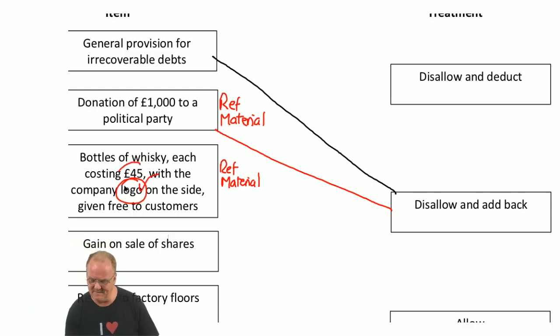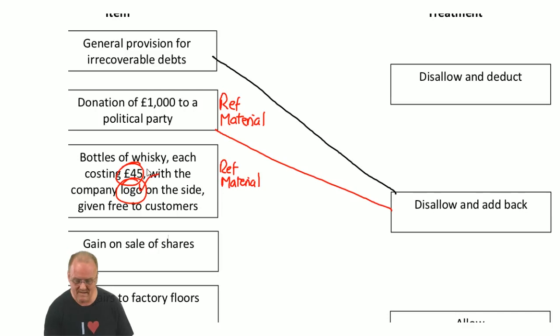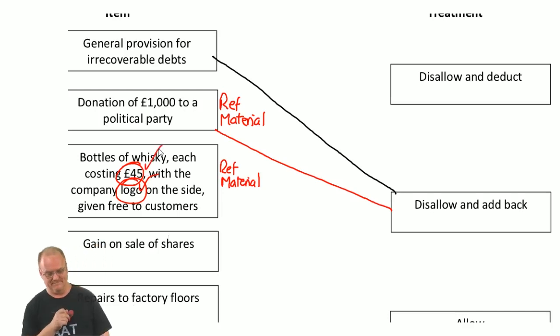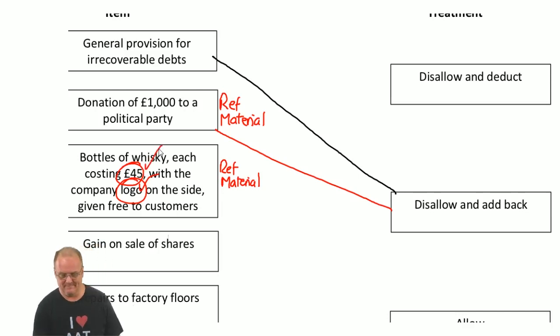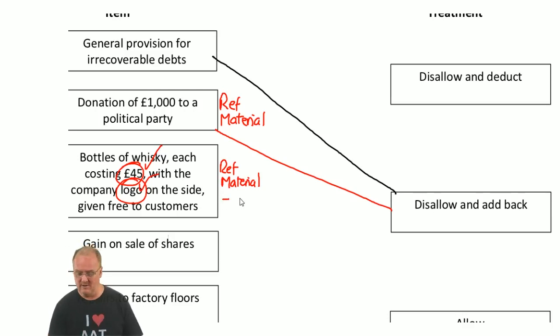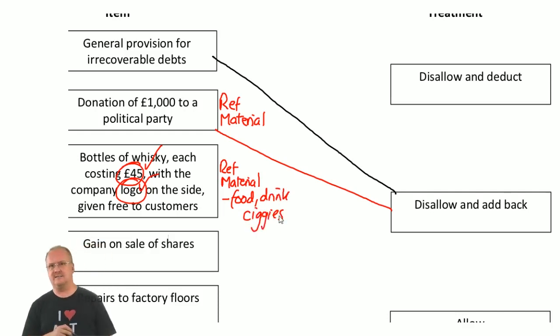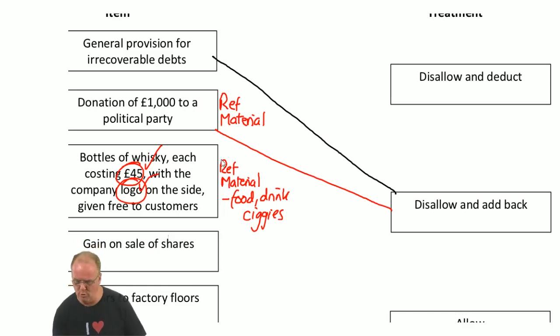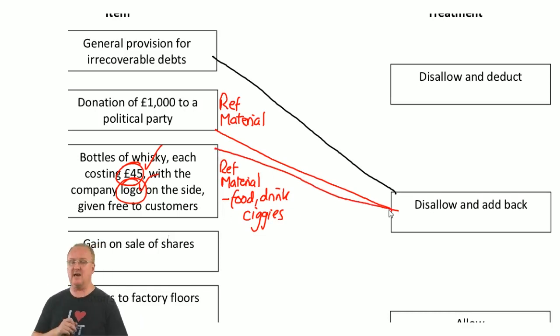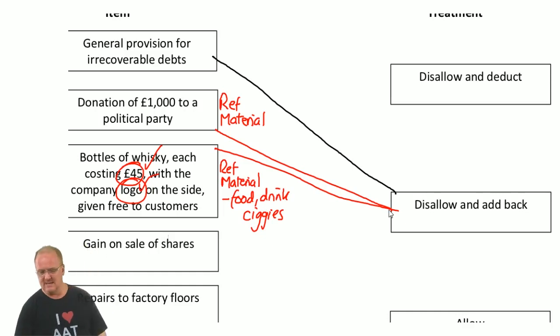If it is less than £50 per item, that makes it allowable. However, if you read the reference material, all the nice things, food, drink and ciggies, are disallowed. Boo! So that one is another disallow and add back. It was so close to being allowable, but no, it ain't.